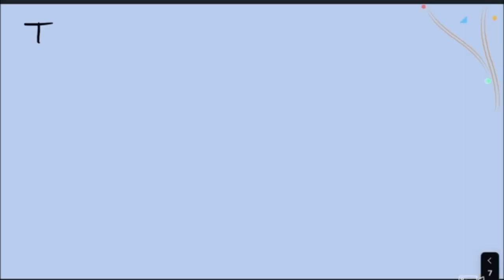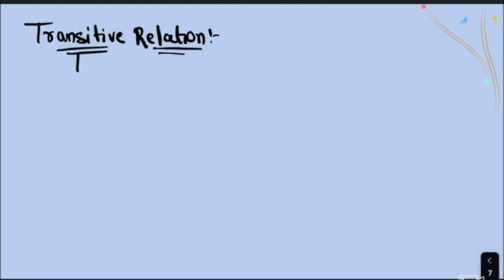Next we are talking about transitive relations. By hearing the word transitive, what comes to your mind? Of course, the word transition, right? Transitive, transition. So yes, it's similar.